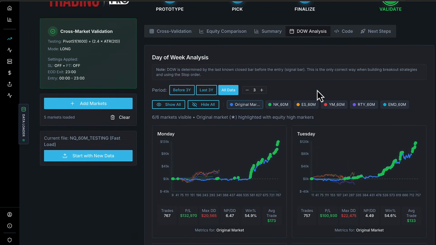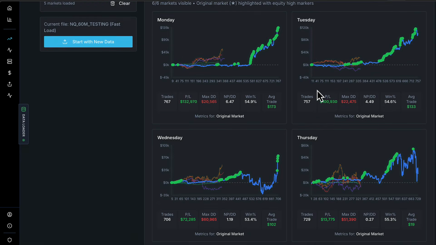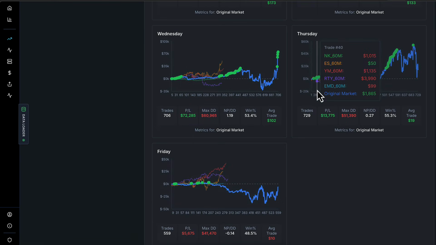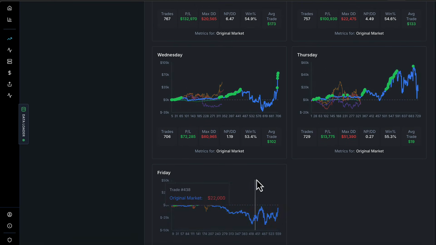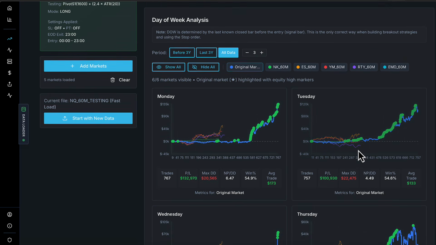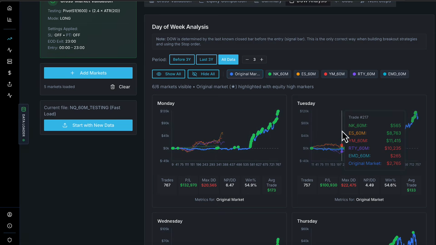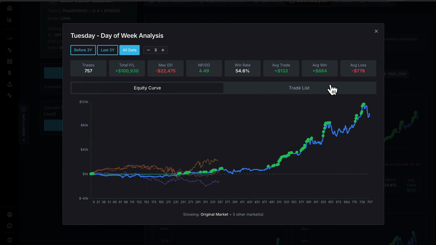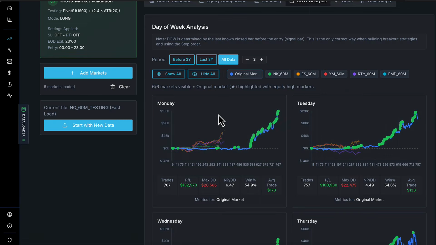Now, of course, we can also remove some very bad days of the week. So for example, Friday is a catastrophic day. Friday, Thursday, and actually if we only trade this model on Monday and Tuesday, have a look guys, fantastic average trade, really high average trade, meaningful net profit drawdown ratio for a foundational model, cross-validates nicely on other markets as well, especially on Monday.